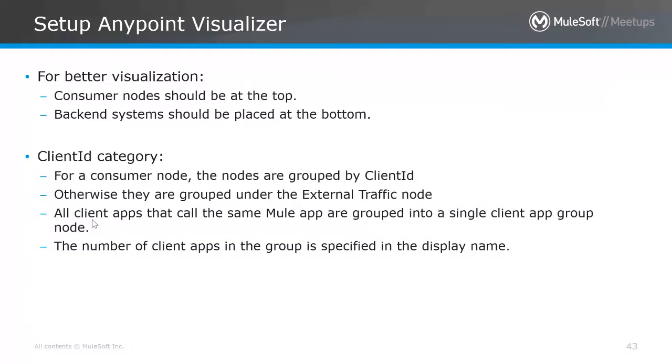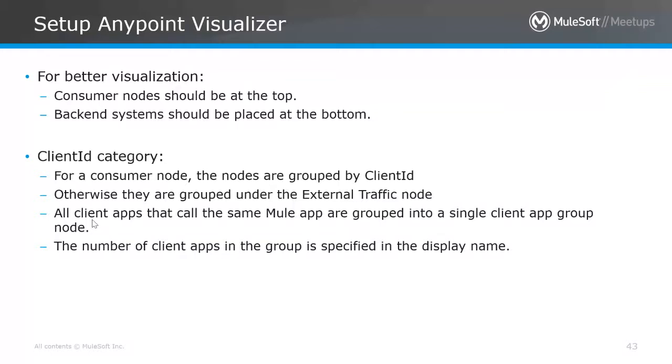So all client apps that call the same Mule app are grouped into a single client app group node. The number of client apps in the group is specified in the display name. It means the number of applications calling it will be written in front of the service. So this is the screenshot.